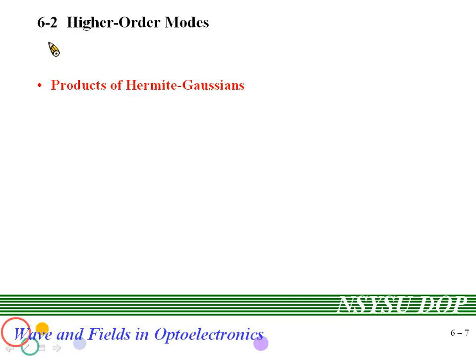In the previous session, we learned that the U00 function is the lowest order solution. We need to find more solutions to form a set of characteristic solutions.